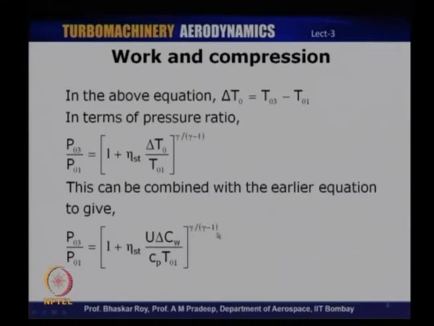So, we now have an expression for the pressure ratio across a compressor in terms of certain parameters. For example, u times delta CW can be found from the velocity triangle itself. The inlet stagnation temperature is known, and if the stage efficiency is known, then the pressure ratio across this stage of a compressor can be quite easily determined.